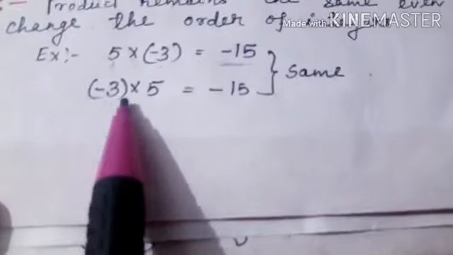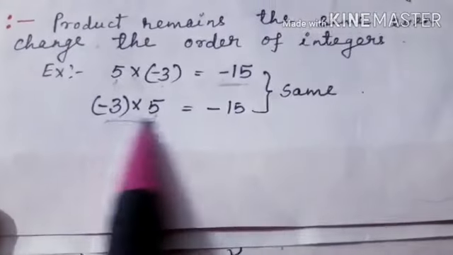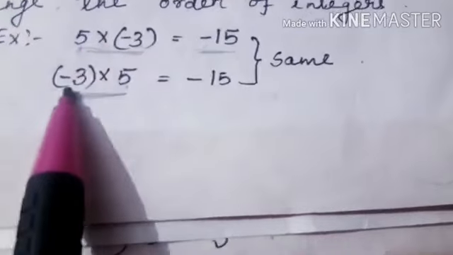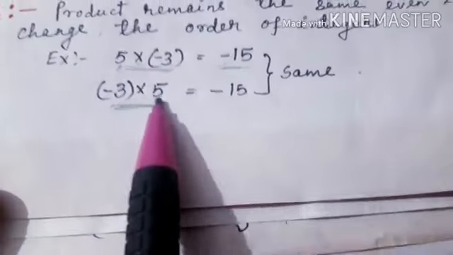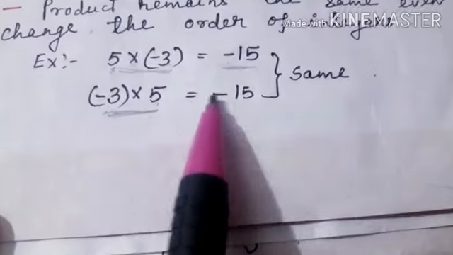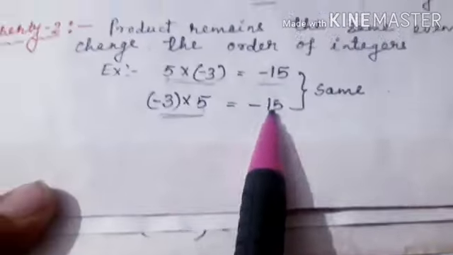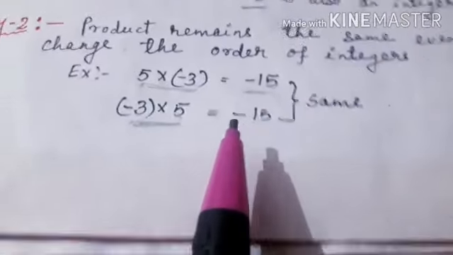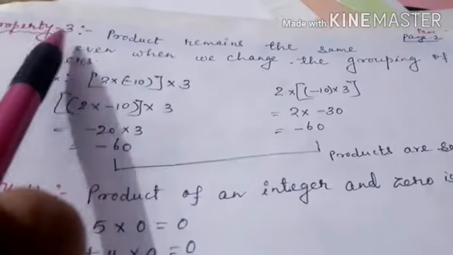If we change the order of the integers, that means I write here minus 3 first into 5, I have changed the order. Minus into plus is equal to minus, 3 into 5 is 15. Are the products both the same or not? Yes, both are the same.